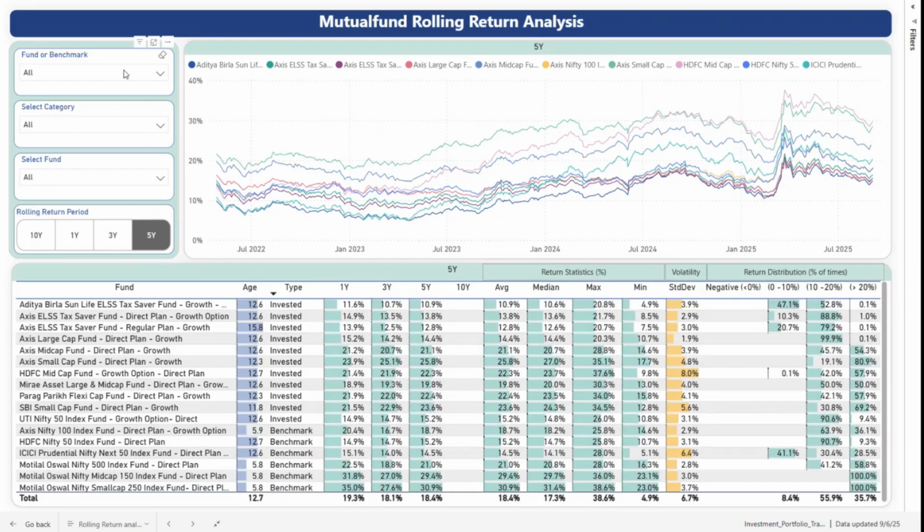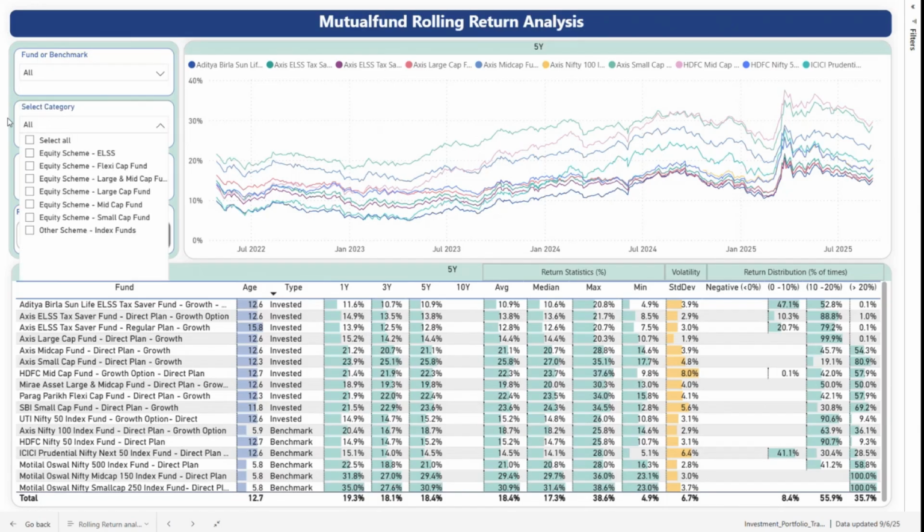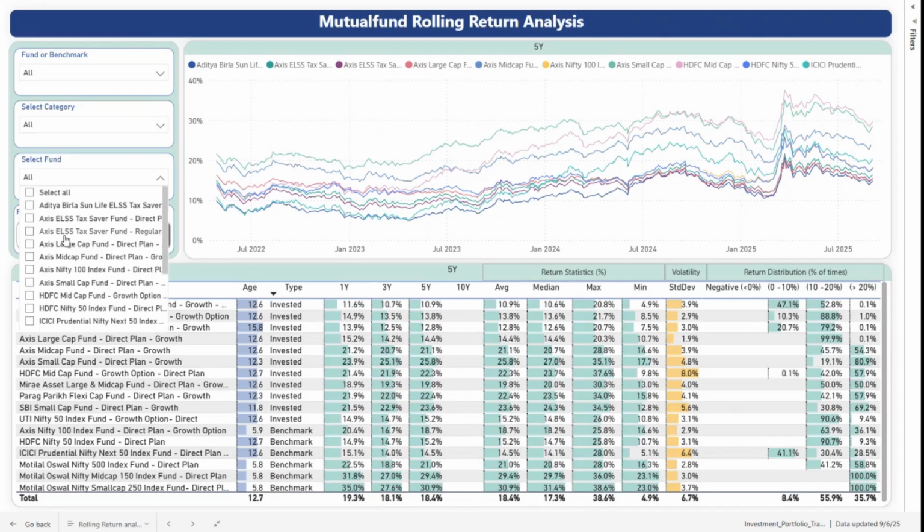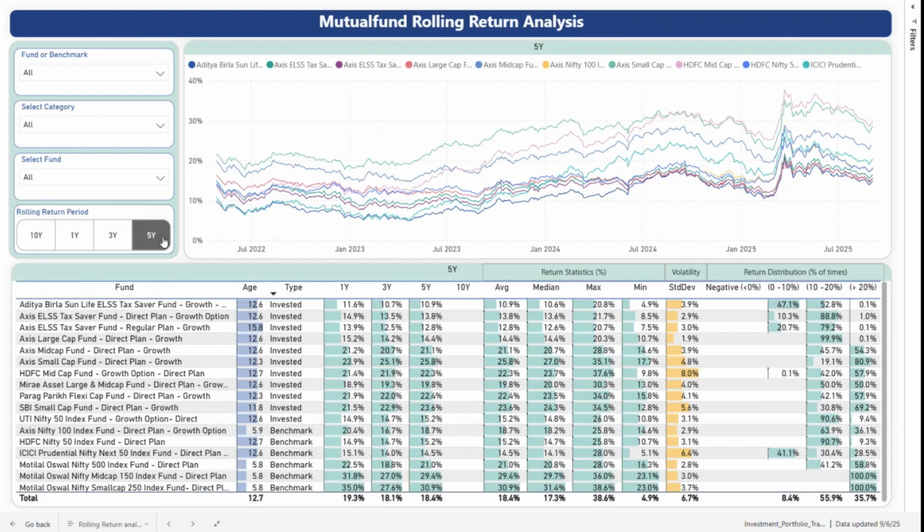Basically, you can select an individual fund, the invested fund, or the benchmark fund, and category wise if you want to see it, and individual fund wise if you want to compare, across the different rolling return periods. Okay. So what metrics are we trying to cover here?